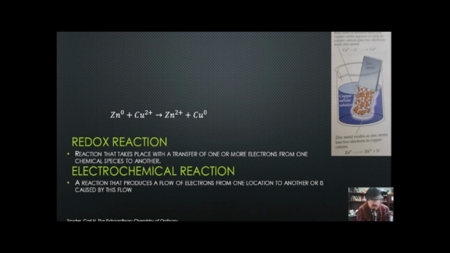Either way, we're not allowing the 2 things to react directly together. So that Daniell cell is an electrochemical reaction. But all of these work based on redox reactions. So not all redox reactions cause electrochemical reactions, but all electrochemical reactions need to work based on the redox principle.